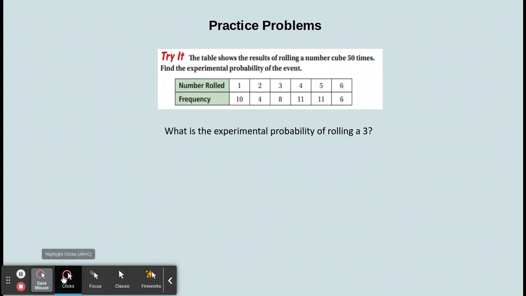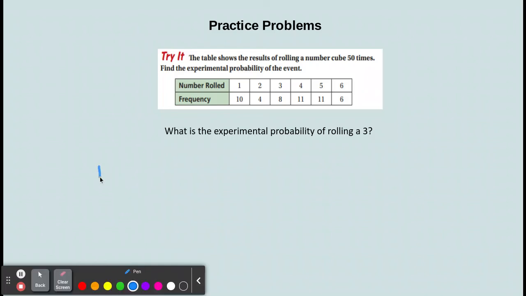Okay, so now we want to calculate the experimental probability of rolling a 3. So the probability of rolling a 3 is how many times did it occur? 8 times, that was the frequency. And how many rolls did we do altogether? 50. So what do you think the experimental probability of rolling a 3 is?